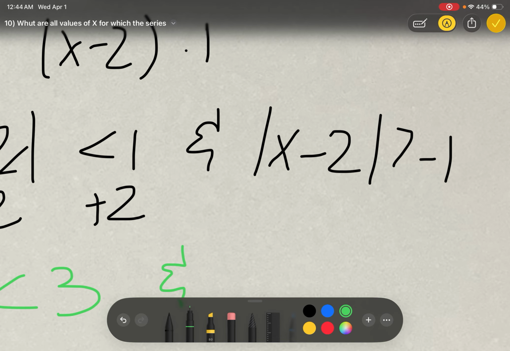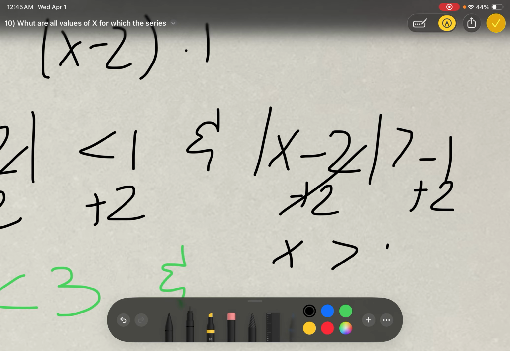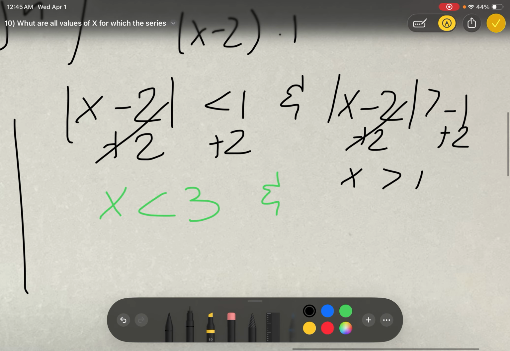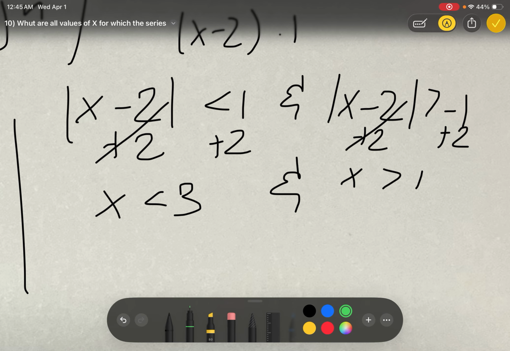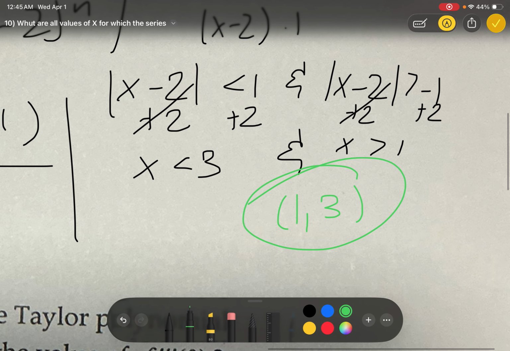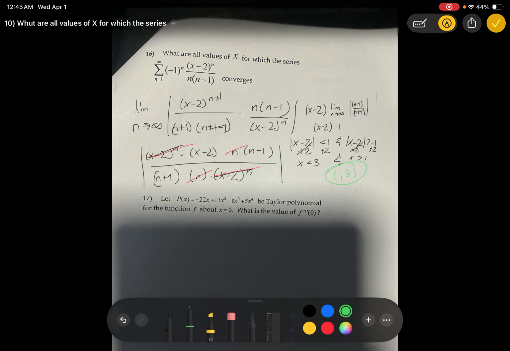And let's add that. Plus 2, x is greater than 1. So I don't know why I highlighted that green. x is less than 3 and x is greater than 1. So your domain should be (1, 3). Remember that these brackets and parentheses are sensitive. Okay, so that's your answer for 16.